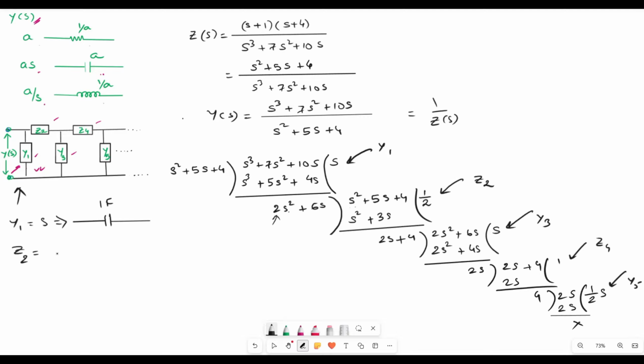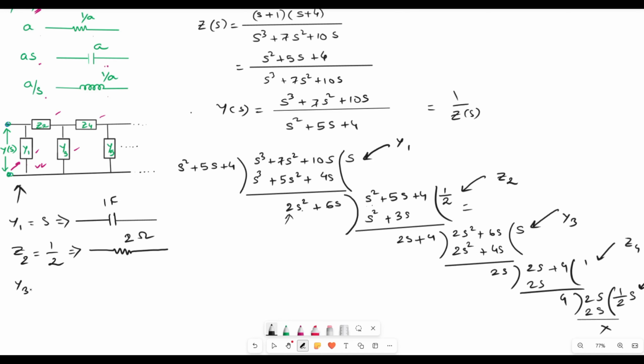Then coming to z2, we have a half here. This means this is a constant, so we'll be having a resistance, and the value is 1 by A. It is 2 ohm. Then next is y3. For y3, the value is S again.